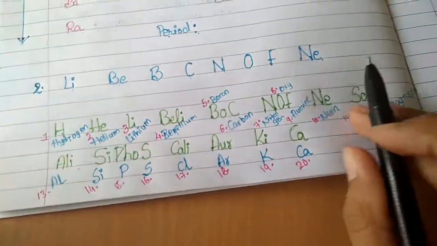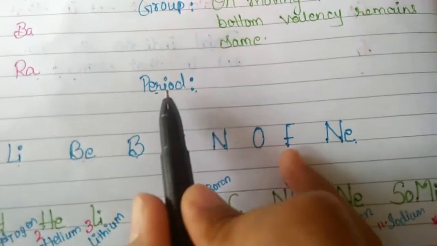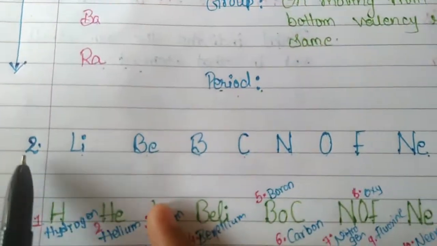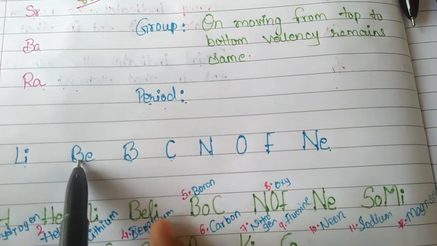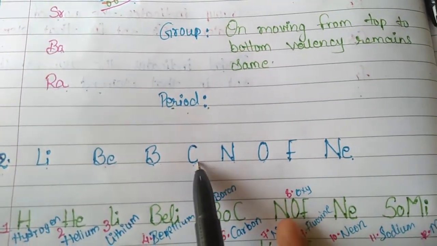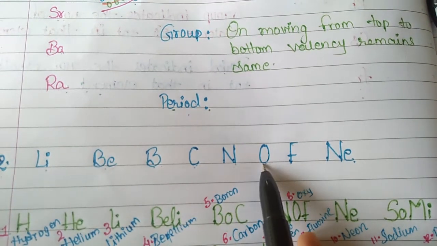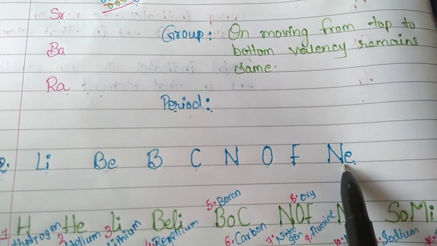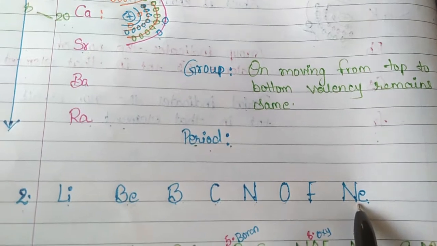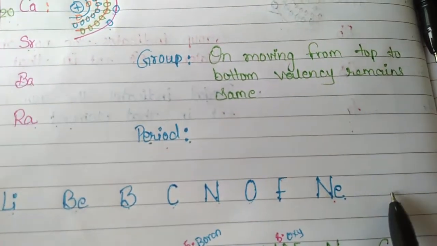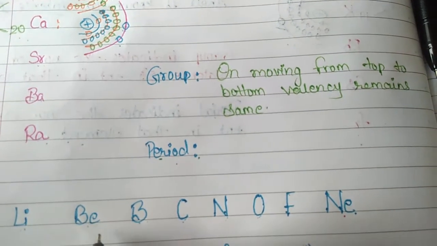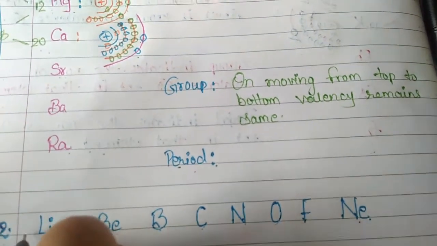So we were talking about this period. The second period consists of lithium, beryllium, boron, carbon, nitrogen, oxygen, fluorine, and neon, right? On moving from left to right, the atomic number increases by 1 unit.